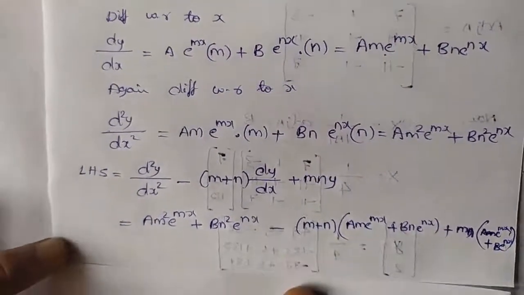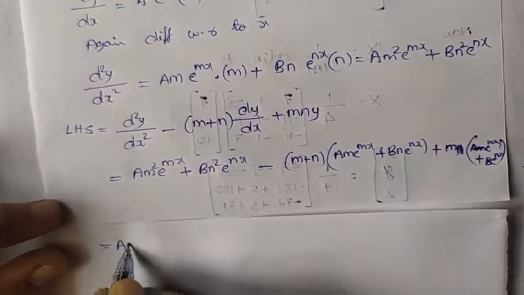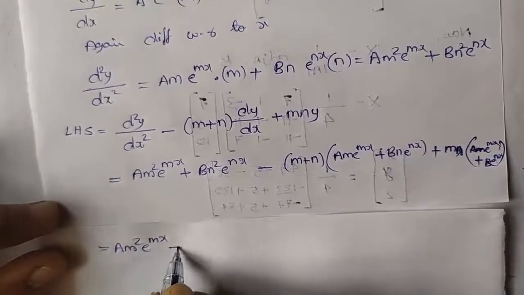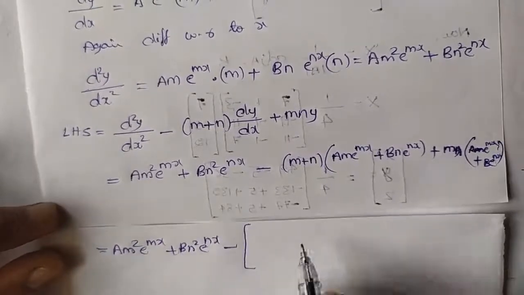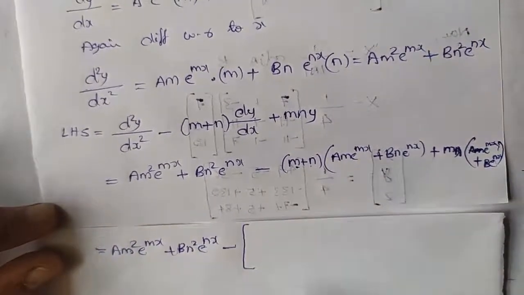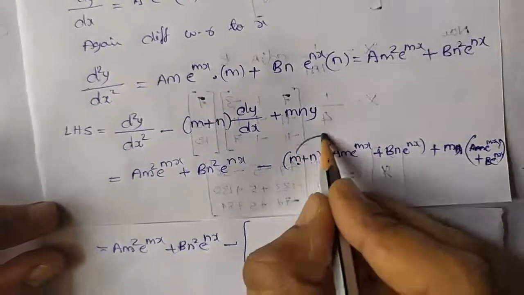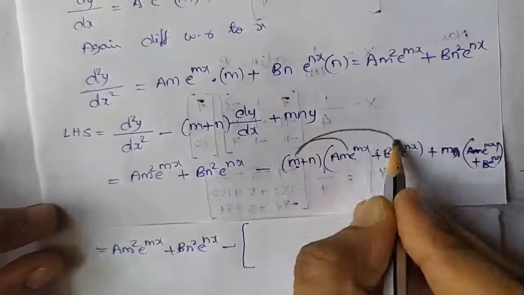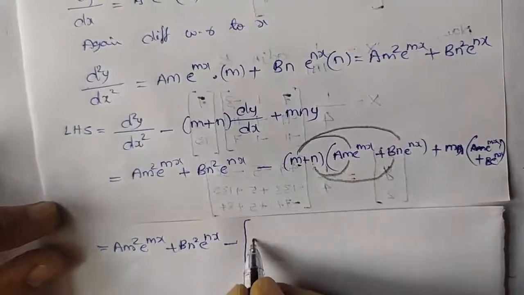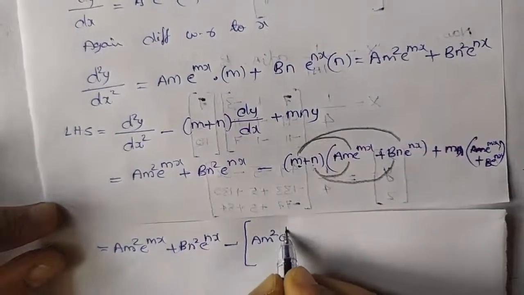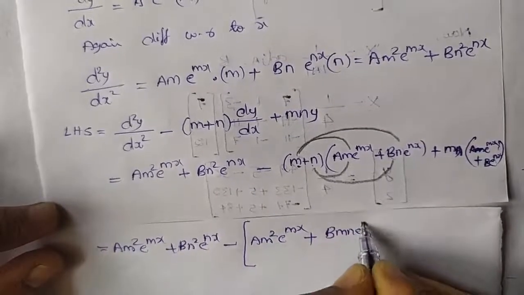Now simplify it further. That equals a m square e power mx plus b n square e power nx. So minus, keep it outside, apply this (m plus n) inside the brackets, which means multiplication, m into and also m into, n into and also n into. m into am is a m square e power mx plus b m n e power nx.